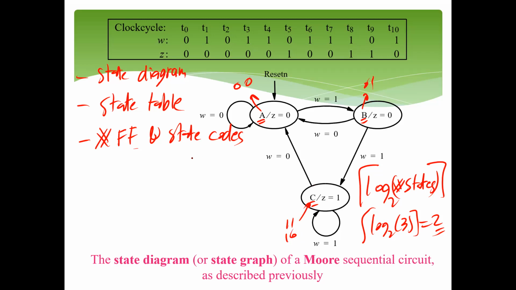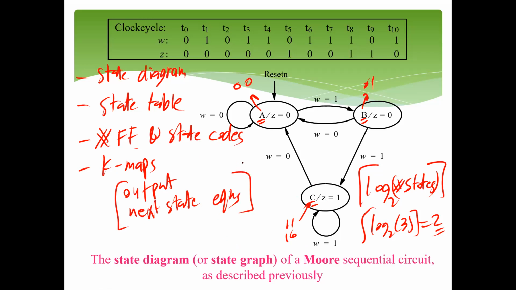After you come up with the number of flip-flops and the state codes, you already created the state table, and then you have to create the K-maps for your output and your next state equations. From these K-maps, you're going to get a function for the output and function for each next state.